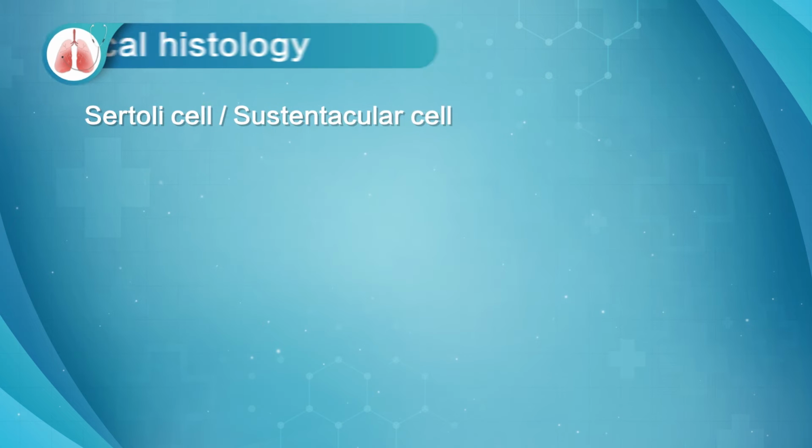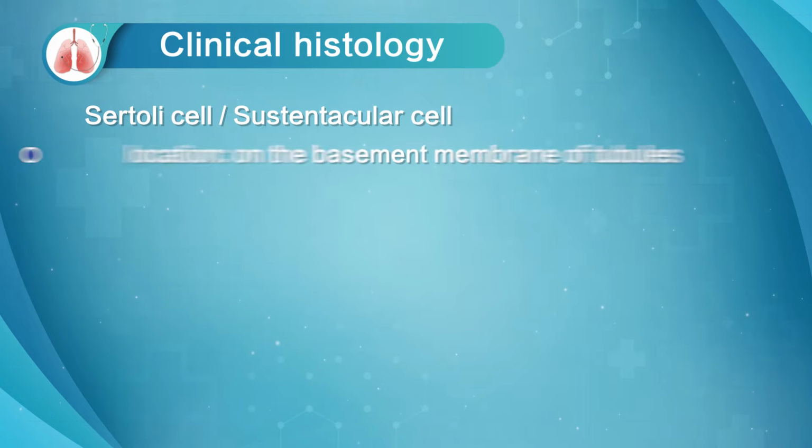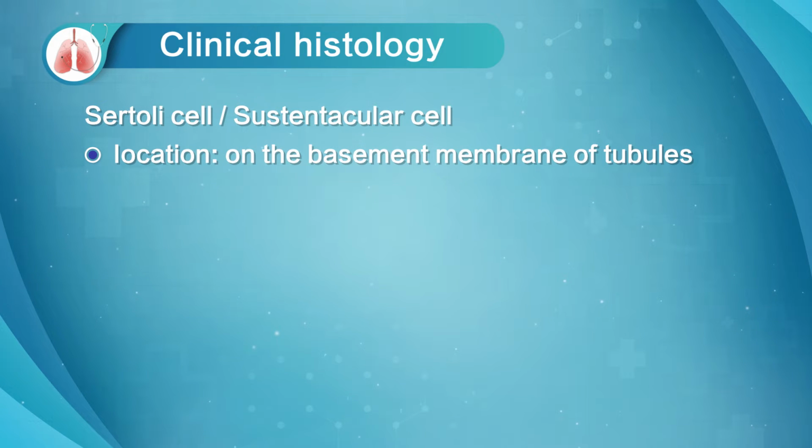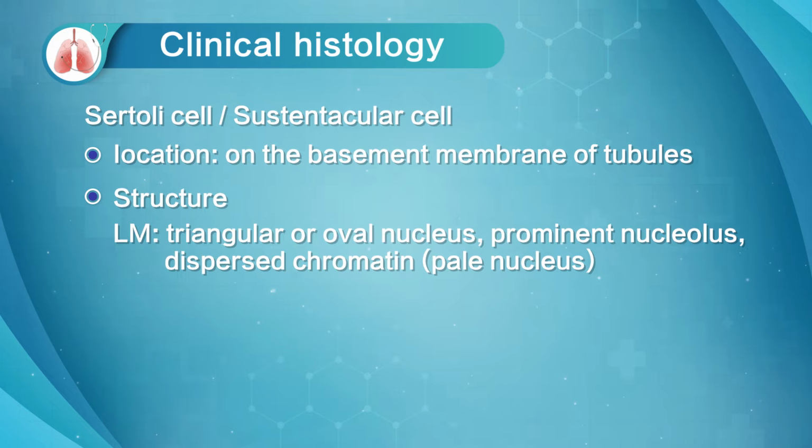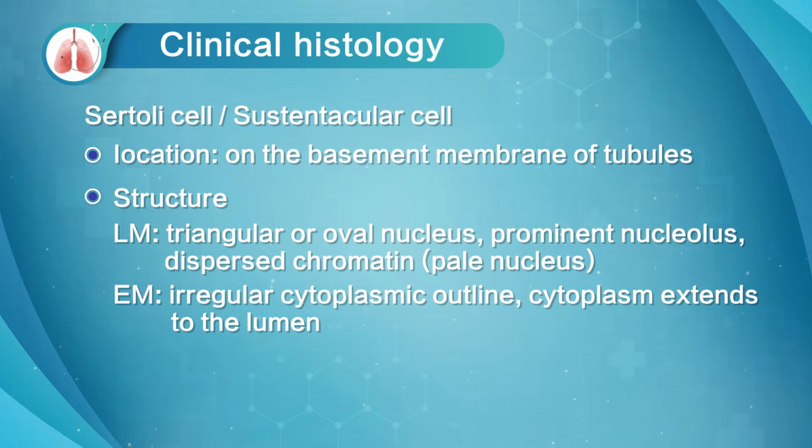The Sertoli cells are not part of the spermatogenic cell lines, but they provide support to nurture the development. They are easily identifiable by their nuclei in hematoxylin and eosin stained slides. The nucleus is pale and oval to pyramidal in shape, with one or two prominent nucleoli.